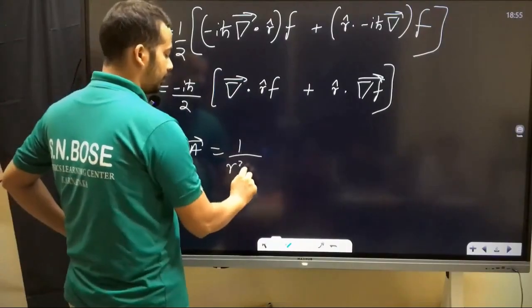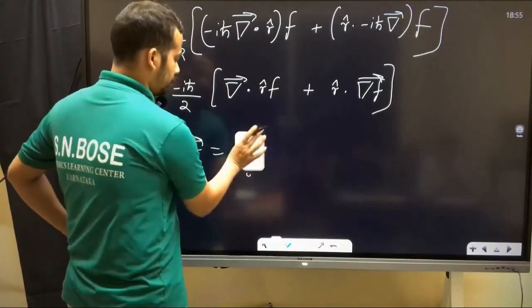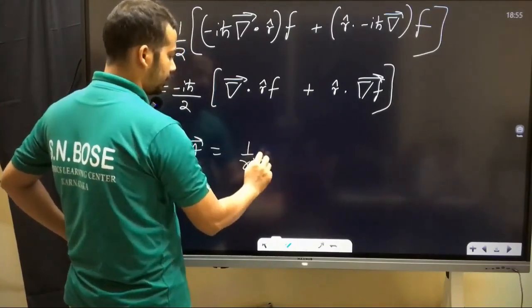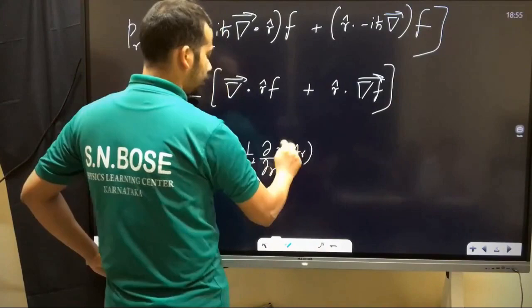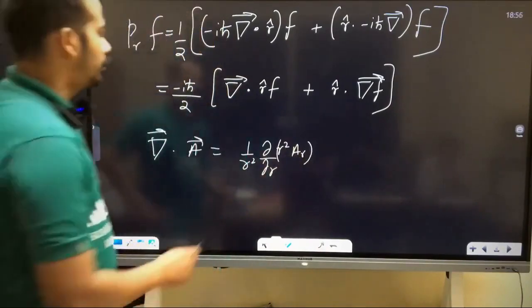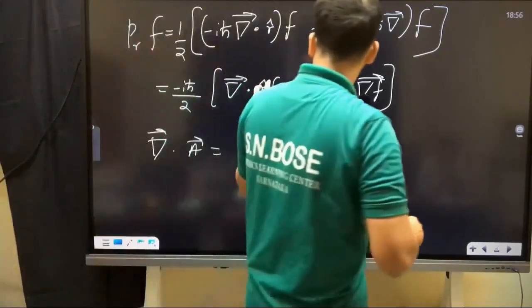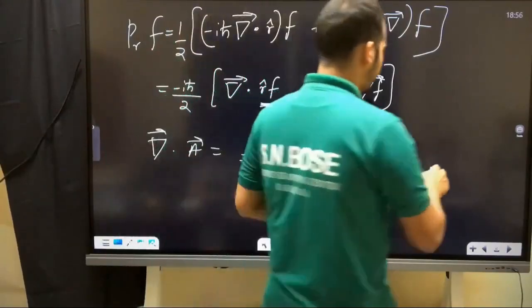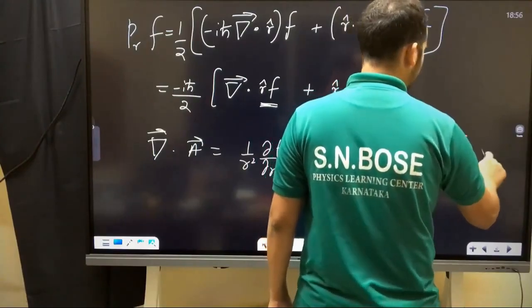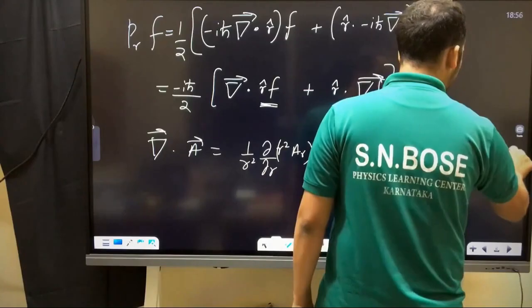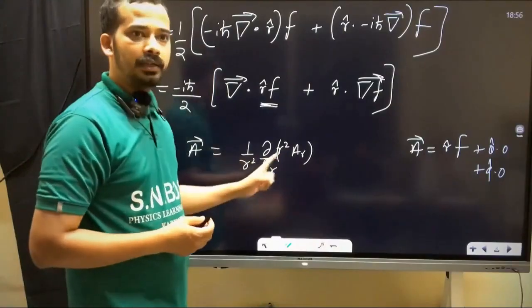It is 1 by r square ∂/∂r of r square A_r, plus the other terms. If you take A equal to r cap into f, plus theta cap into 0 plus phi cap into 0, that is how you have to see it; it only has an r component.